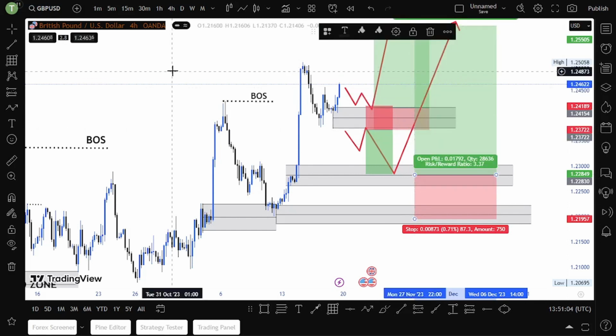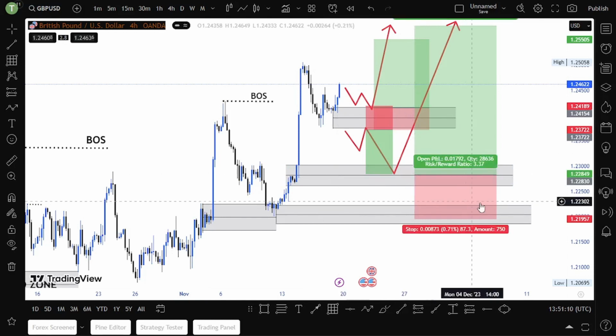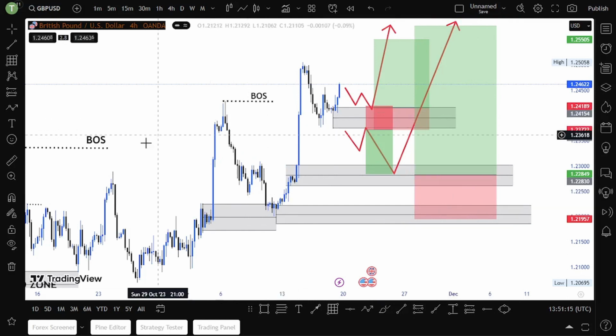So we would be buying at this bigger demand zone here. If we don't get a reaction around this zone, then we would be buying at our third demand zone. So that is my view on GBPUSD, guys.